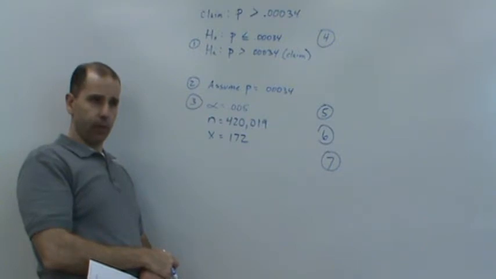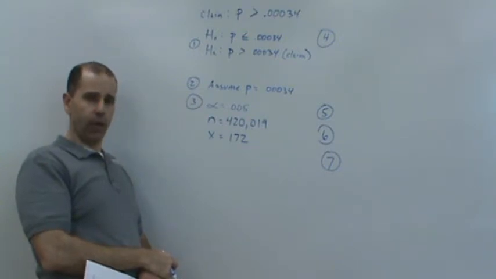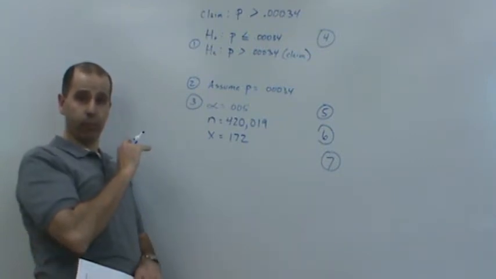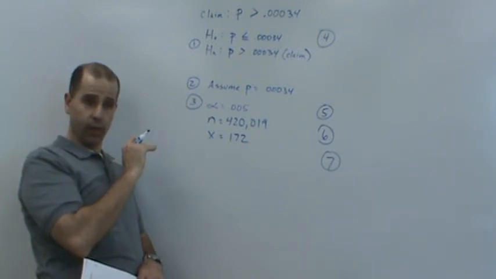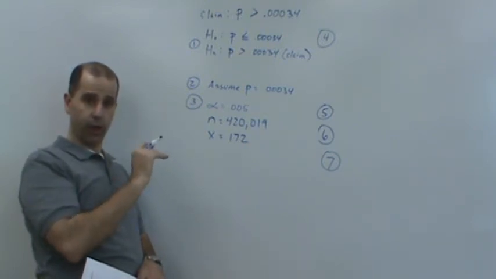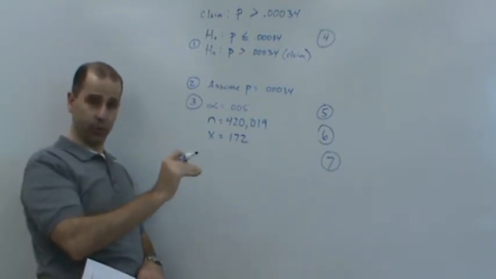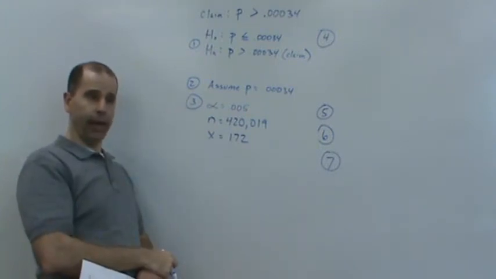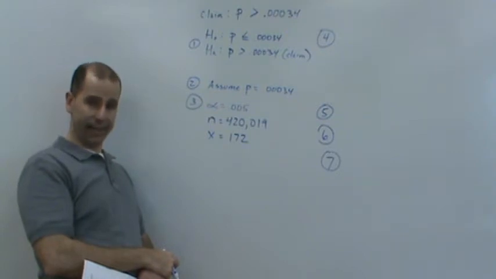If the null hypothesis is indeed true, that's the part of the type 1 error, that means the proportion of cell phone users who develop brain cancer is equal to 0.00034, and we reject that.